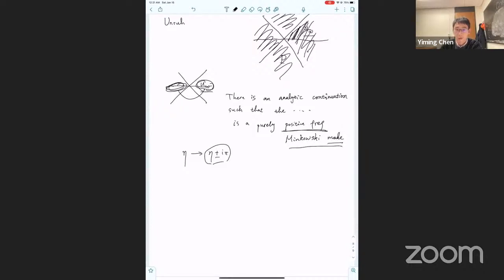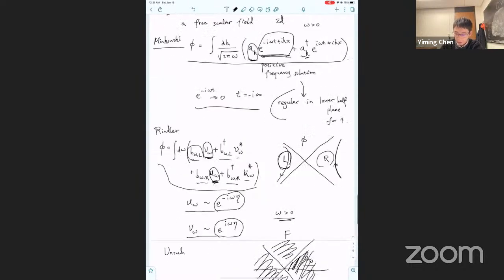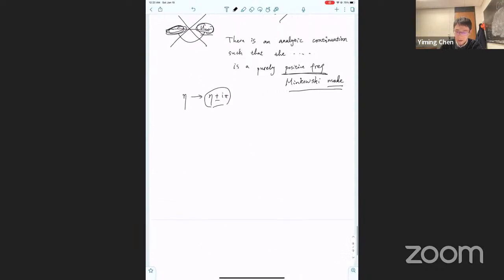The defining property of a purely positive frequency Minkowski mode is that it is regular in the lower half plane for the Minkowski time t, but it blows up in the upper half plane. So if we want this analytic continuation to satisfy this condition, we better continue it in the lower half plane rather than the upper half plane. Okay, so that's the kind of convoluted logic behind this trick.